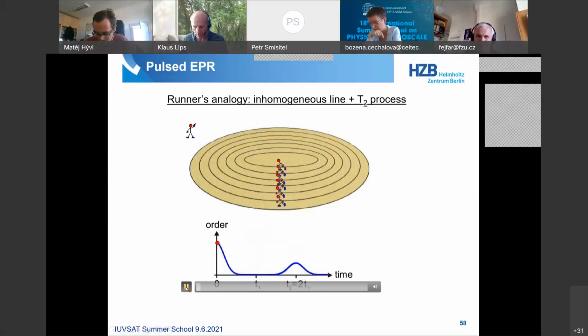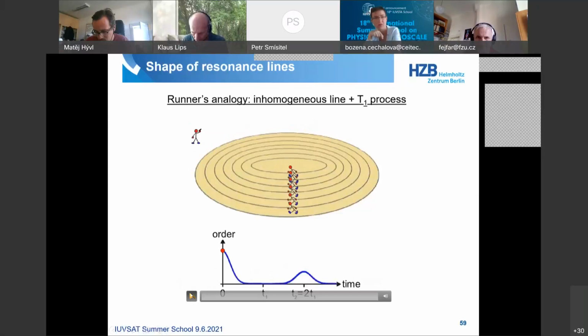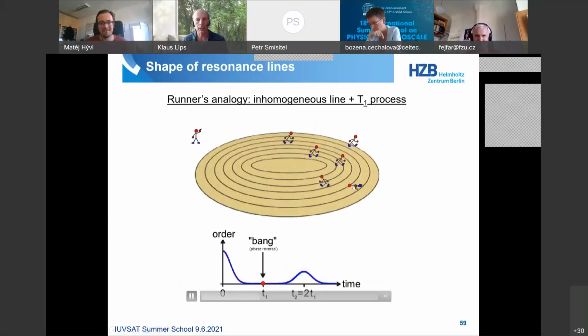And what is a T1 process? Well, in a T1 process, all of the runners are running, but now one of the runners is basically just falling. He gets a heart attack, and he can no longer run. And now all the runners are running back, and maybe another runner is getting a heart attack.